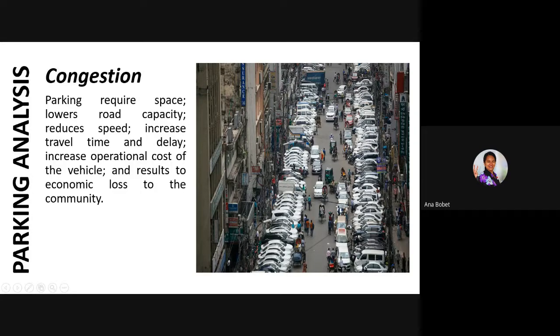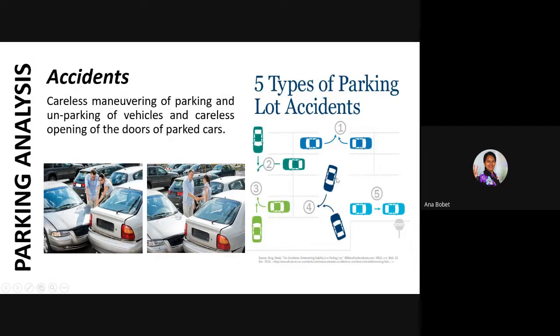So congestion is an issue when it comes to parking. Parking congestion, and then congestion of the motorists who are driving on this road. And the other one is accidents. There are also accidents happening in a parking lot because of maneuvering in the parking aisle, exiting, entering. And usually, accidents come in the form of penalties. Unless your car is insured, then you will be paying a lot for damages and whatnot because of parking.